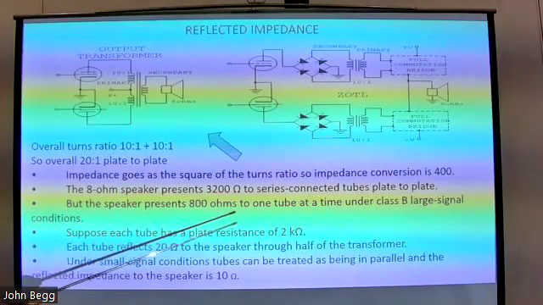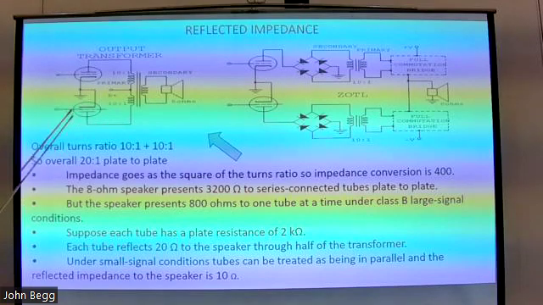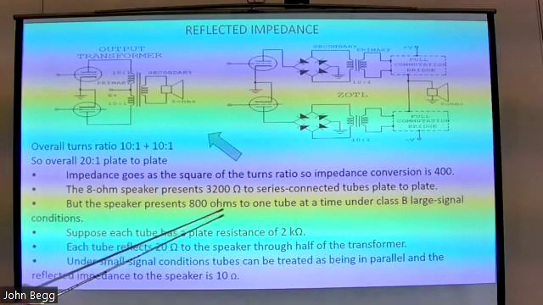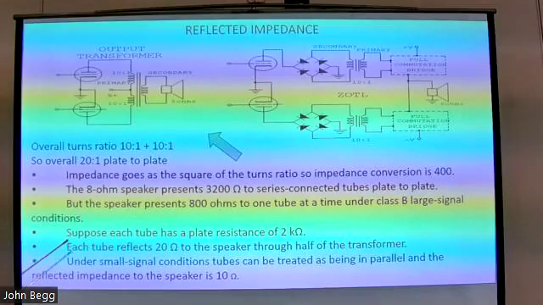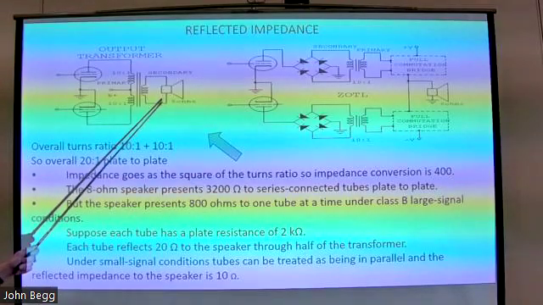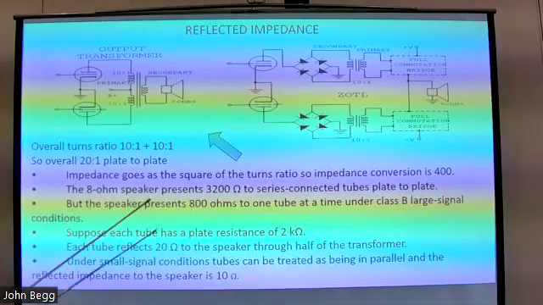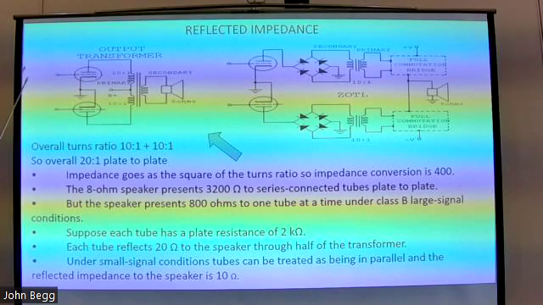So the impedance conversion is 400 for this circuit. The 8-ohm speaker presents 3,200 ohms to series-connected tubes plate to plate. If we look back in this direction at the speaker, we multiply the 8 ohms by the 400, and we get 3,200 ohms as the load that the tubes together are driving in this push-pull arrangement.